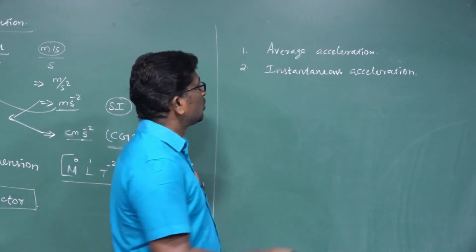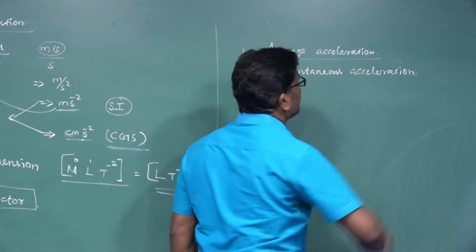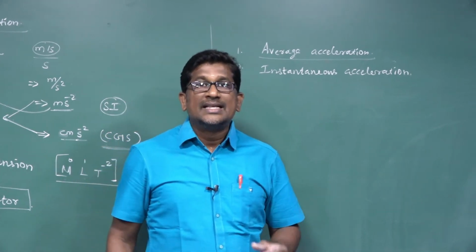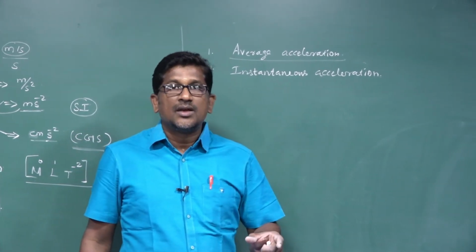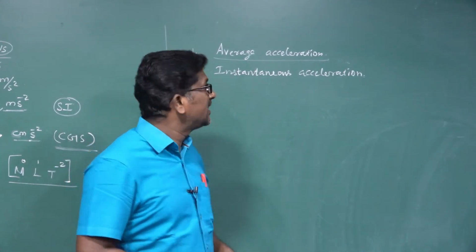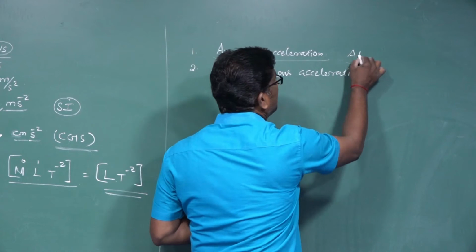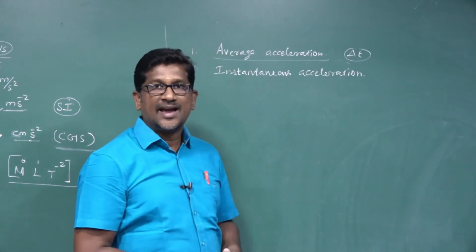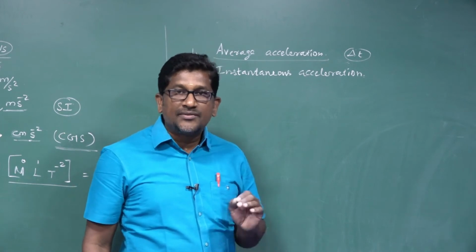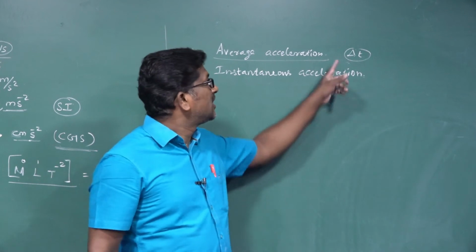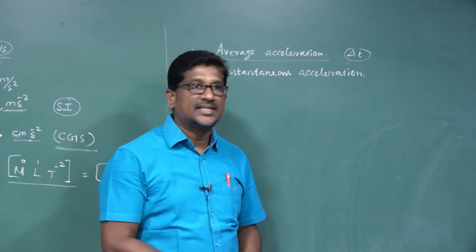What is average acceleration? The average acceleration of the particle is defined as the ratio of the change in velocity over a time interval del t.